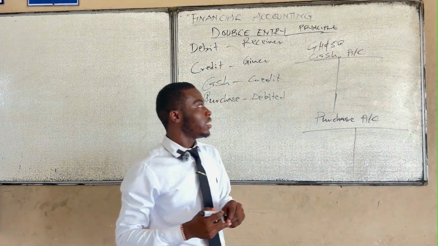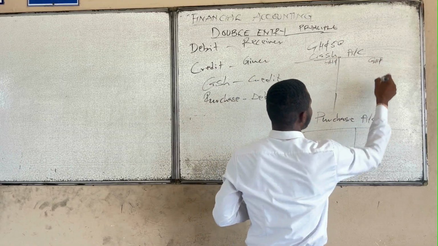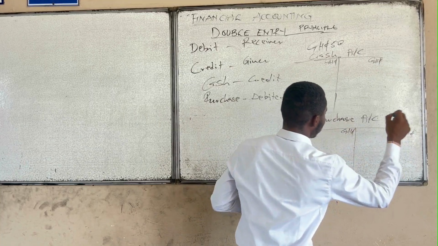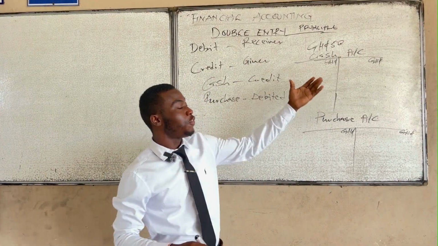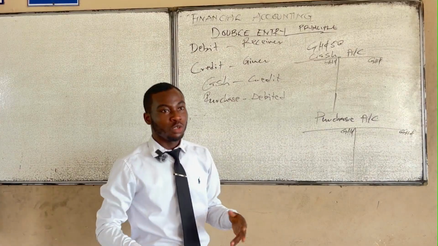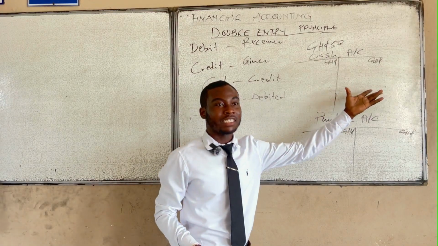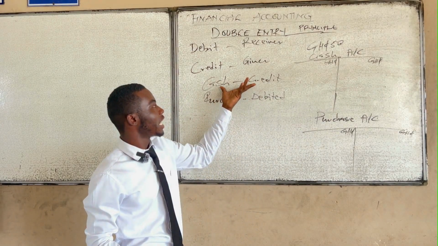Now we bring our cedi sign. Don't forget to bring your cedi sign because you are dealing with currency. So we went to the market to purchase a bag for 50 cedis with cash. This is how it is done. The cash account is going to be credited, as I said, because the cash account is giving. So we credit the giver.